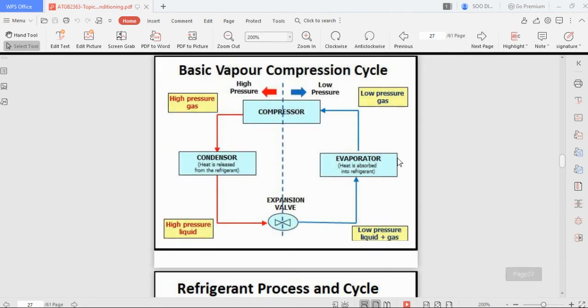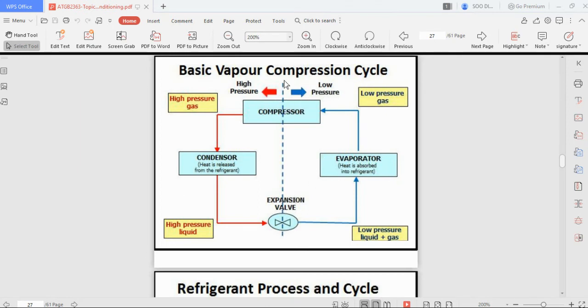This basic vapor compression cycle shows you a very good idea of how the refrigerant cycle works. So a refrigerant uses a gas in this cycle.